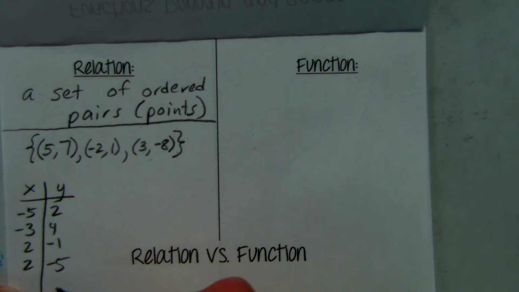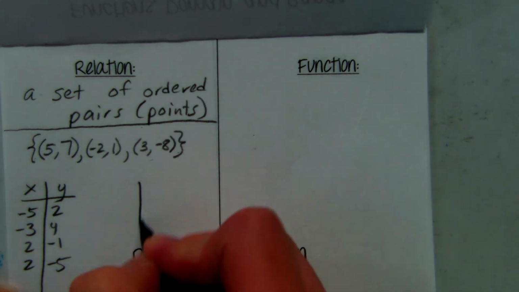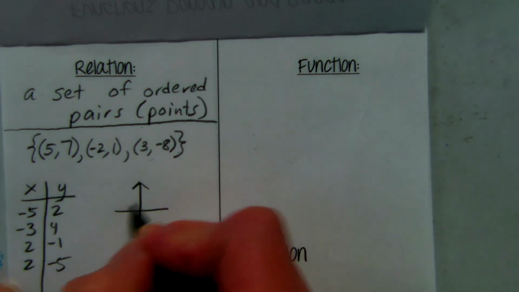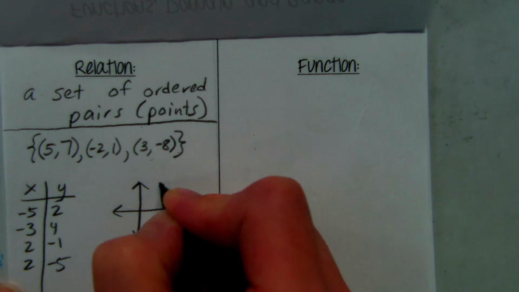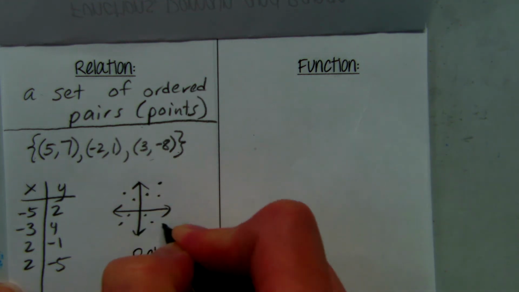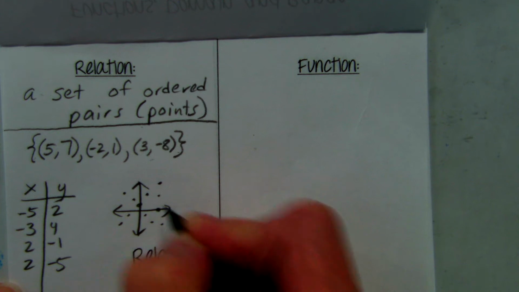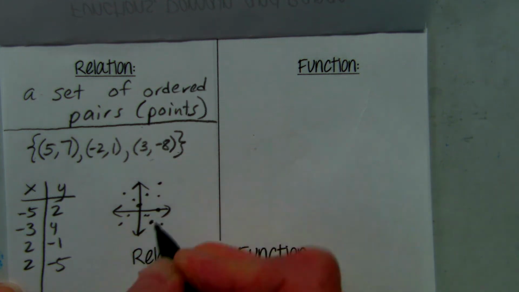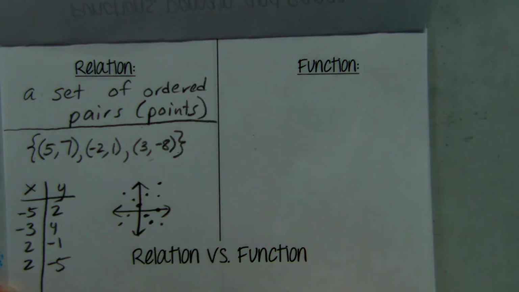They can have just a list of points this way, or they might also give you a graph where you have some points on the graph. They can be wherever. So all of these are relations. They're a set of points.